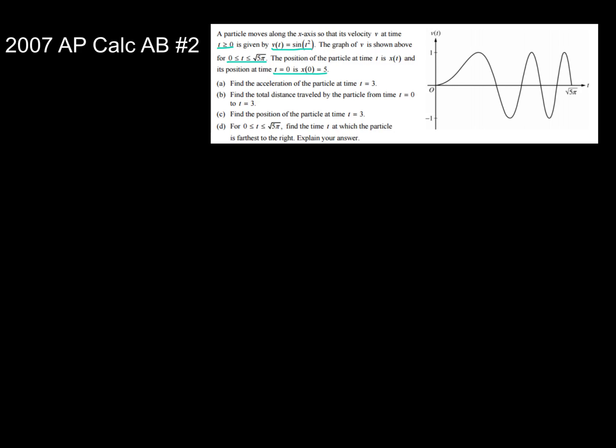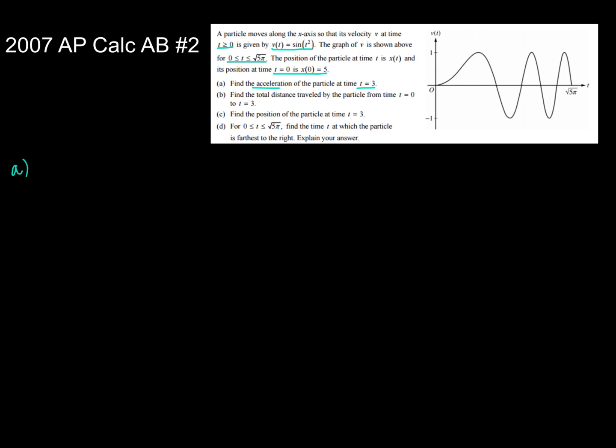So for part A, I am trying to find the acceleration of the particle at t equals 3. Pretty straightforward. I know what I'm trying to find, acceleration when t equals 3, and my plan is straightforward. I know that the acceleration is the derivative of velocity.